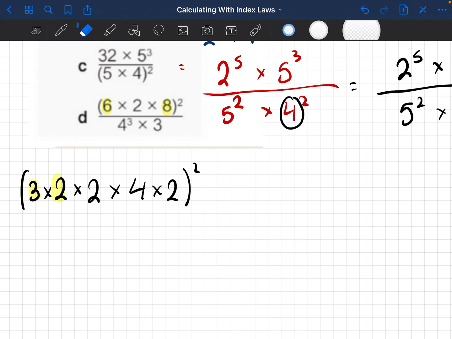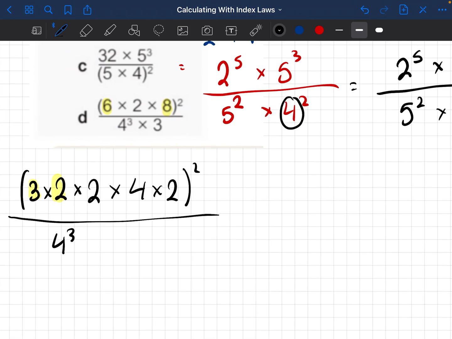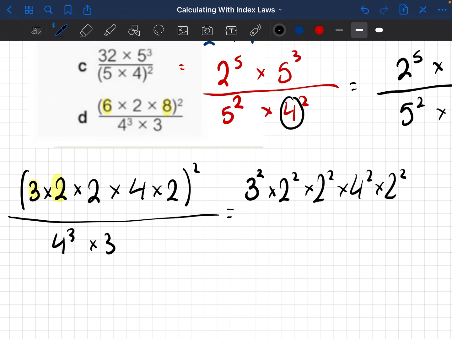So if I was to, I'll come back to that, divided by 4 cubed times 3. And that's going to equal now 3 squared times 2 squared times 2 squared times 4 squared times 2 squared all over 4 cubed times 3.